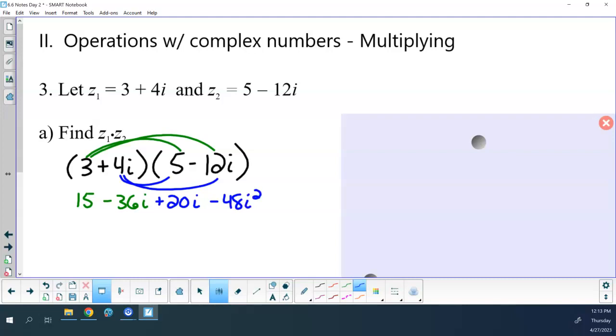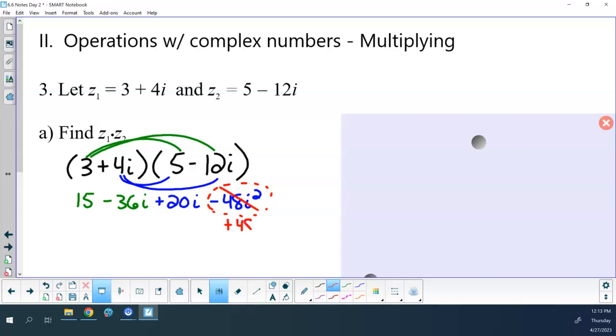But then, what can I do? I could combine like terms, but even before that, I should do one thing. Can't get rid of the i. I can get rid of the i squared, because i squared is negative 1. So negative 48i squared is really what?